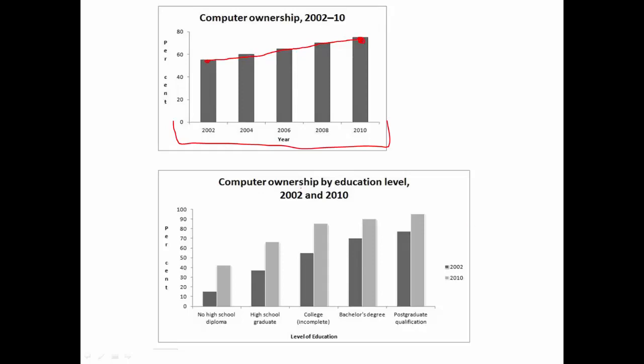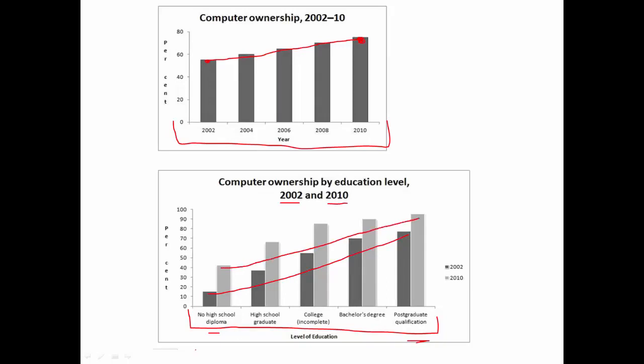The next thing I would do is look at this. So this is 2002 and 2010, and it is divided into level of education, from the lowest level of education here up to the highest level of education here. And I would plot a line from here up to here, and here up to here.